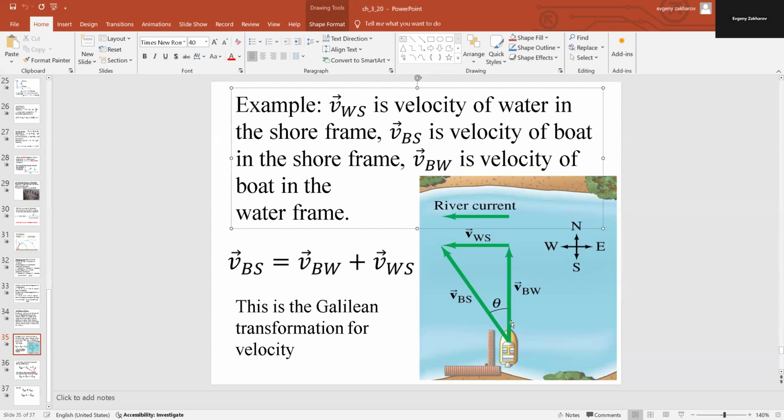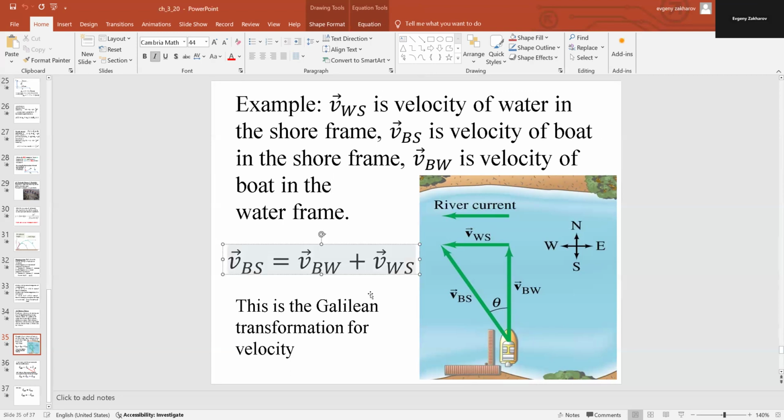And the resulting motion with respect to the ground, like what you're going to measure if you are on that boat. And you see how you're going to be traveling at a certain angle with respect to the river current. And if you want to predict where you're going to end up on the other side of the shore, you definitely want to consider this vector sum for your solution.